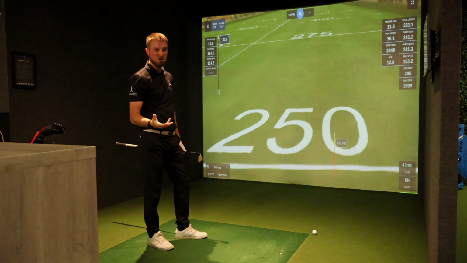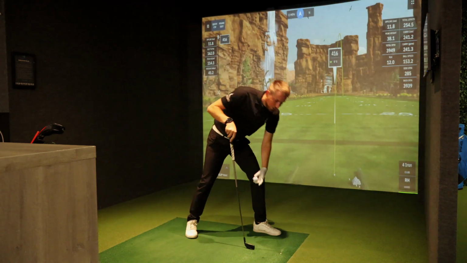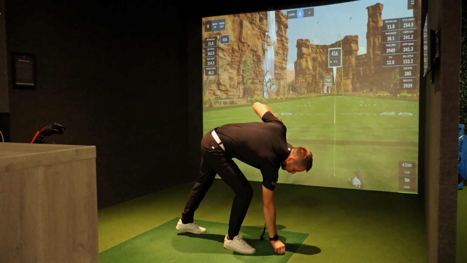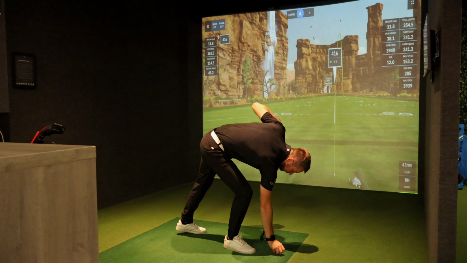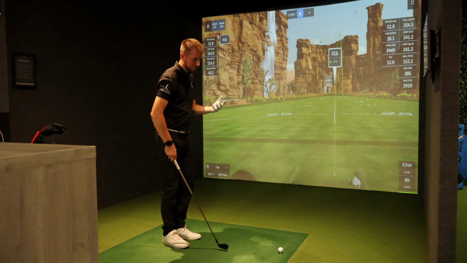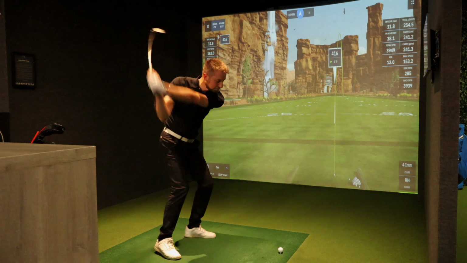So interestingly, not actually getting any more carry out of it, which is great for me to know, because when I'm on the golf course, I like to tee up this club a little bit more to get a bit more launch out of it. So if I tee that up slightly more and go a bit more launch, just to see if that changes anything.